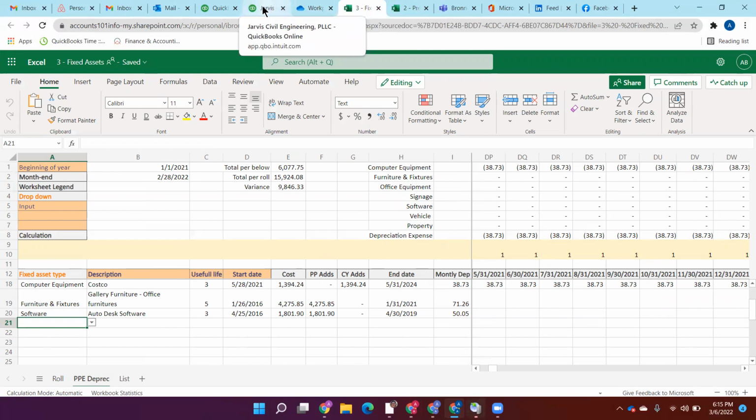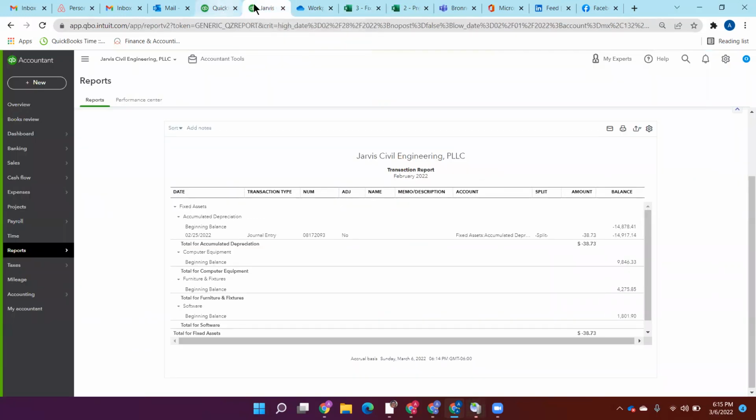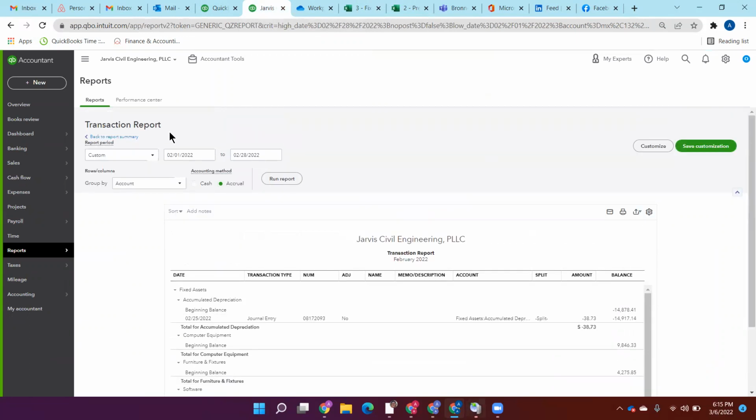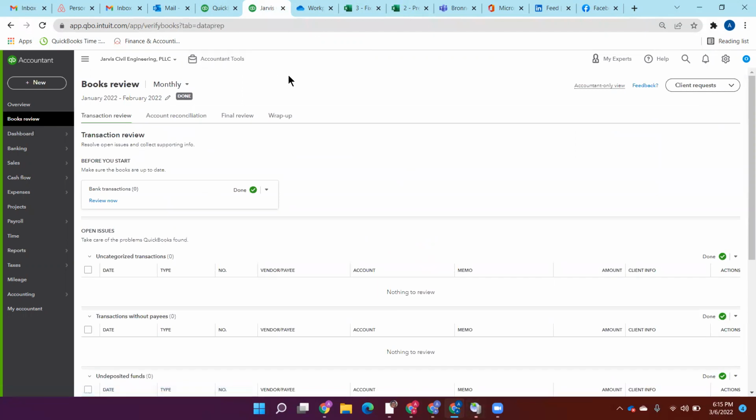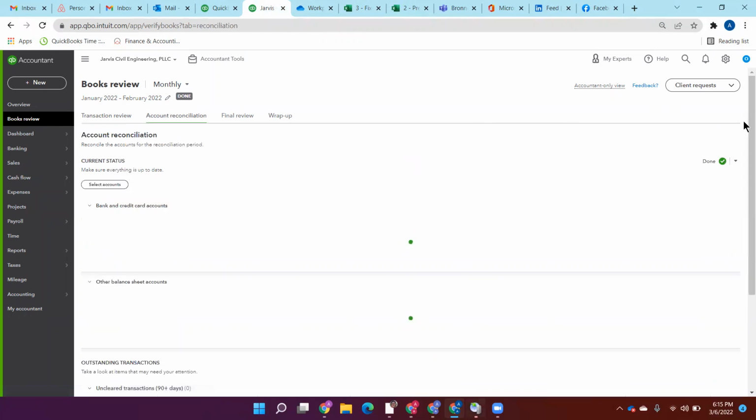So back to here. So for my backup for balance sheet reconciliations, that work paper is my backup. Yes.